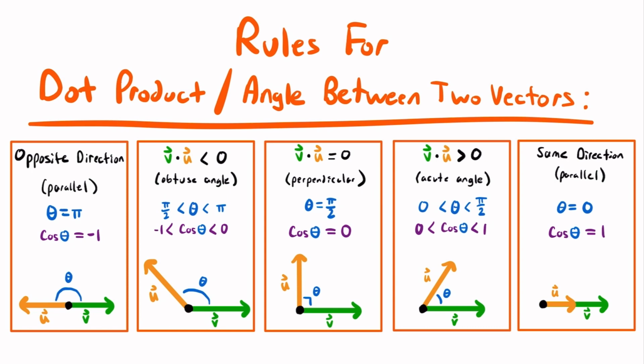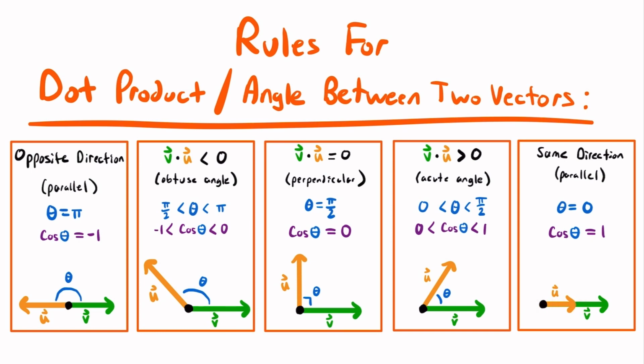All right, and then finally, if your two vectors are parallel, but are in the same direction, right, not the opposite direction, but the same direction, then the angle between those two vectors must be 0. And of course, when the angle is 0, cosine of theta is equal to 1. And so you can see that here, vector u and vector v are parallel and pointing in the same direction, so they're right on top of each other, so the angle between those two vectors is clearly 0.